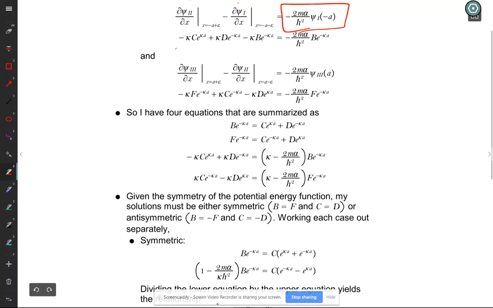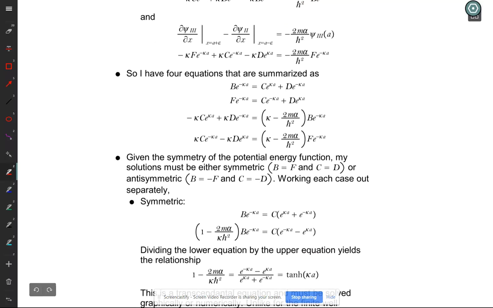So we now have a condition, taking the derivatives. Here's the derivatives calculation. So we have a condition between C, D, and B and kappas. And at the second boundary, we have a similar condition. So just like before, a total of 4 equations.